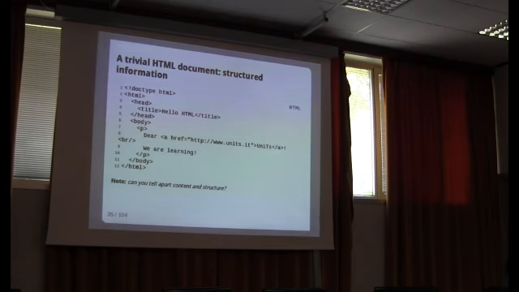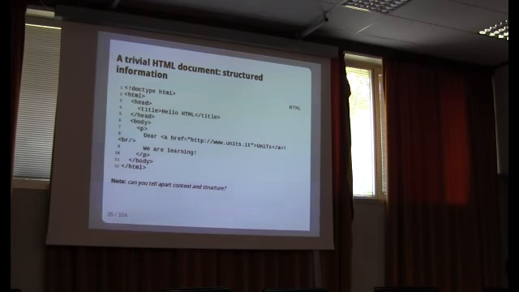This way is the structure of the document, and in this case the structure is given by the head and body elements. So the difference between structure and information is given by where the information is put. It's put inside the head element. In this case the structure says that it is additional information, otherwise it is main information.